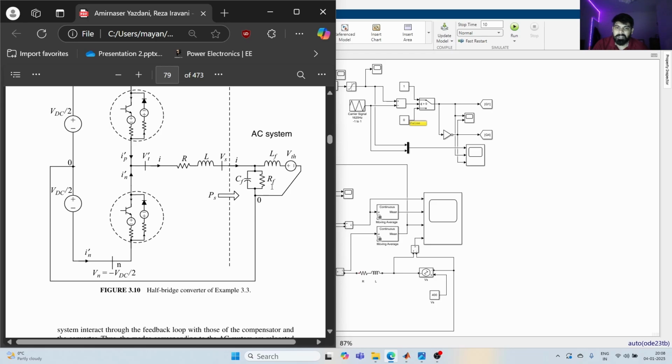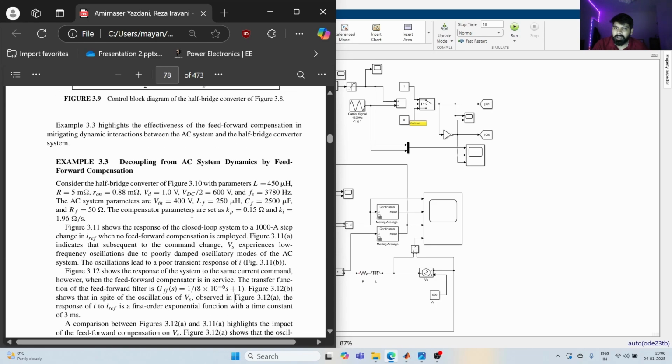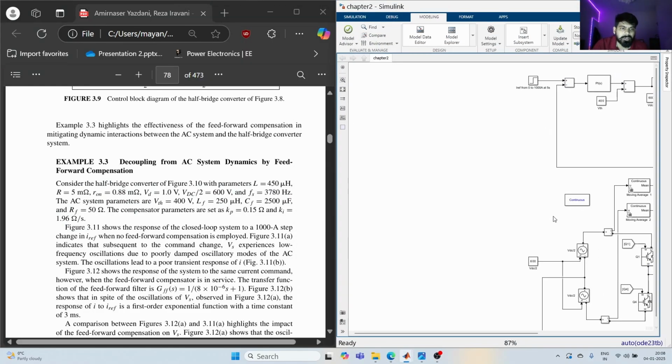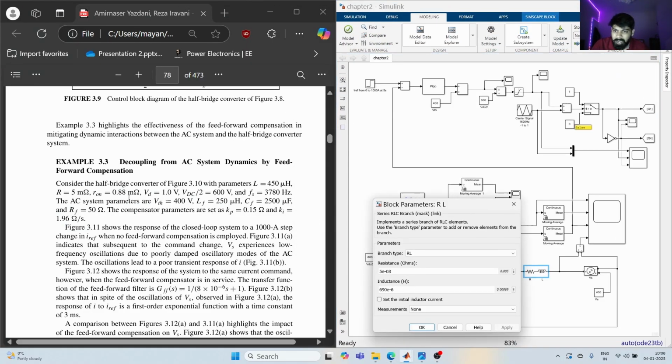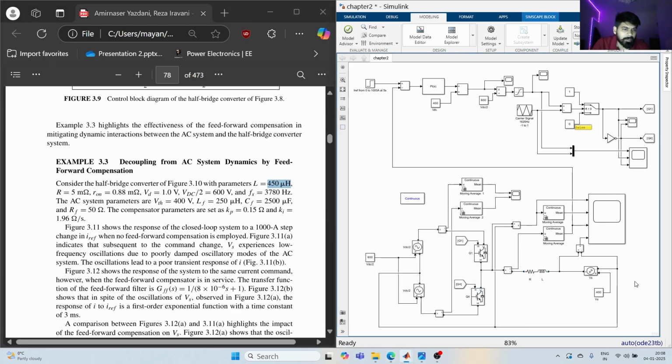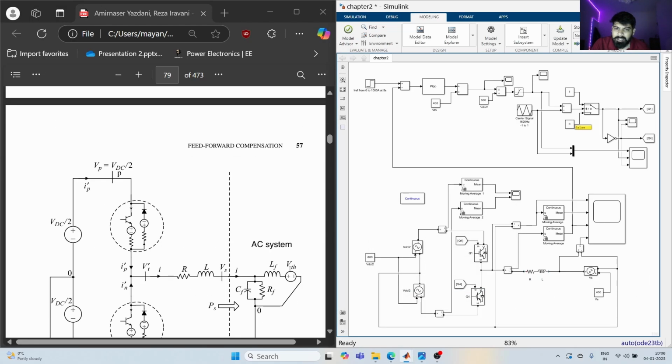We have the LF, CF, RF values, and we'll take this example 3.3. Now let's go to our converter. So the R value is the same, the L value is 450 microhenry, so let's change this to 450. Then we have VS or VTH, so let's just change the namings.